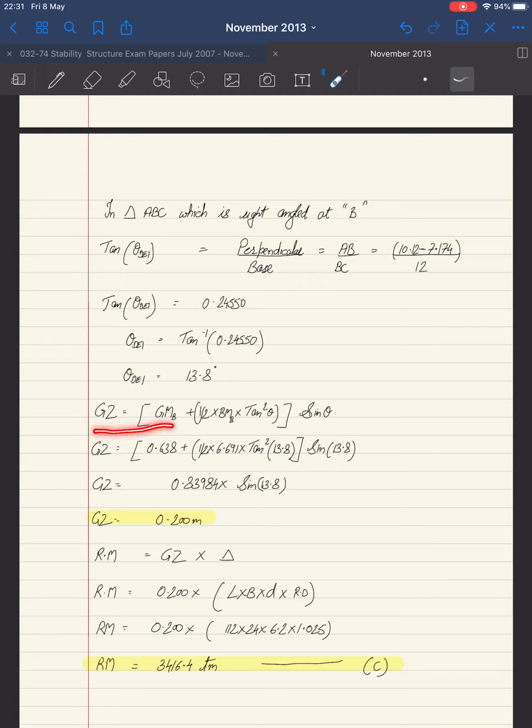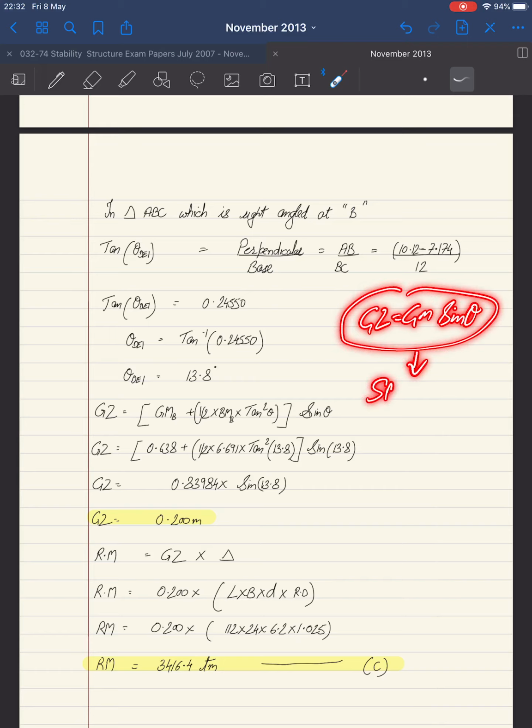We'll use the wall-sided formula, which is GZ equals GM bilged plus half BM bilged multiplied by tan squared theta, times sine theta. We won't be using GZ equals GM sine theta because this is only valid for small angles of heel.